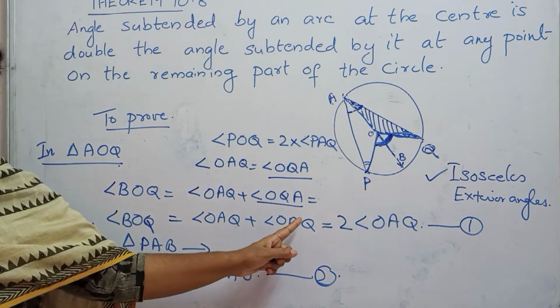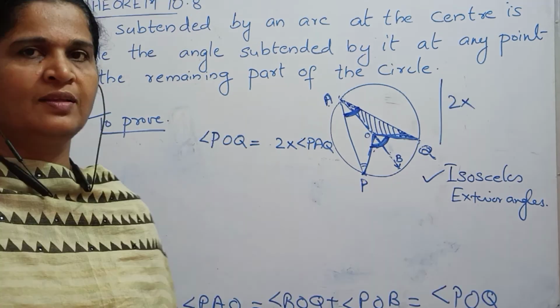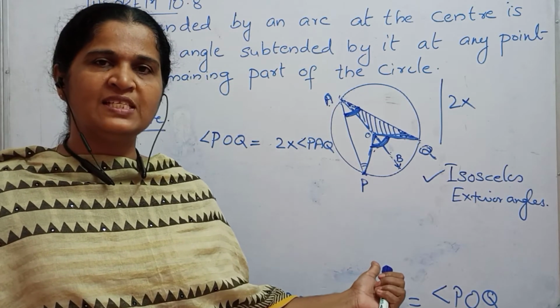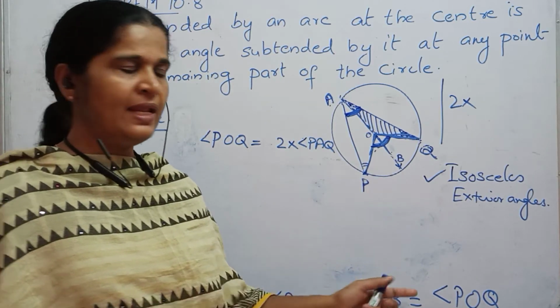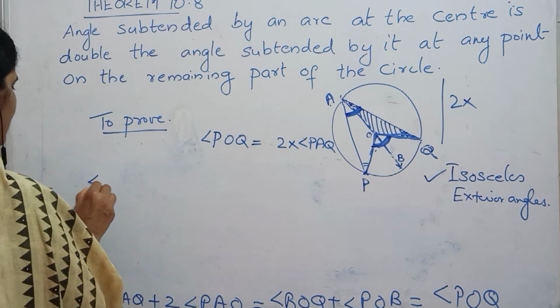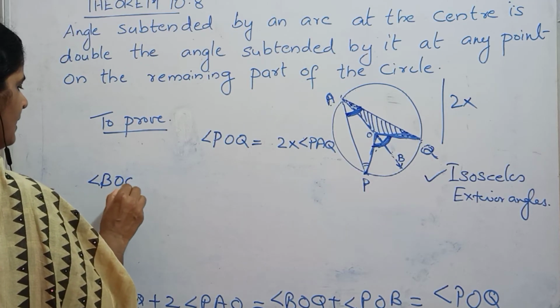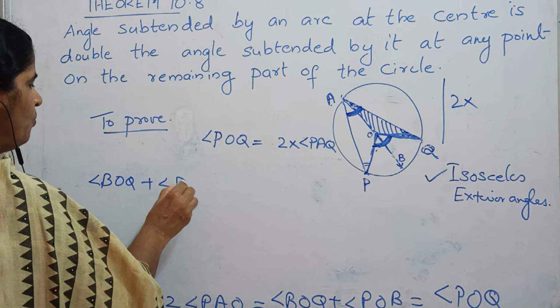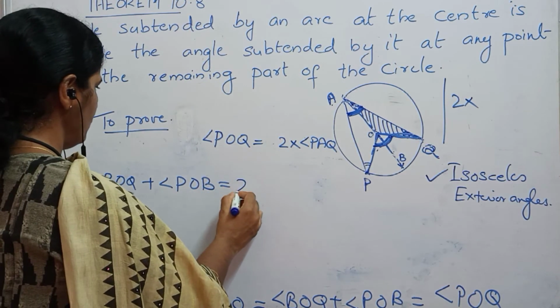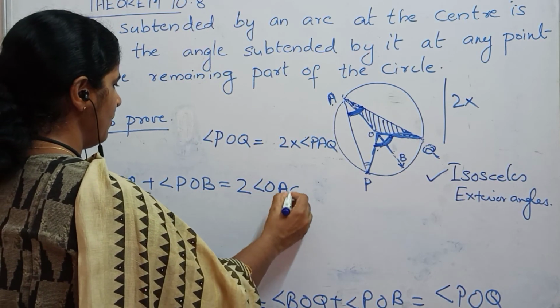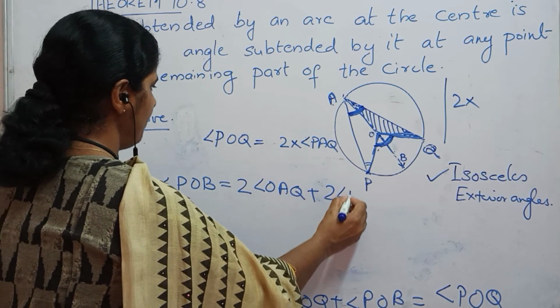Let us add the first and the second equation. If you add up the left sides and right sides separately, we get angle BOQ plus angle POB equals 2 times angle OAQ plus 2 times angle PAO.